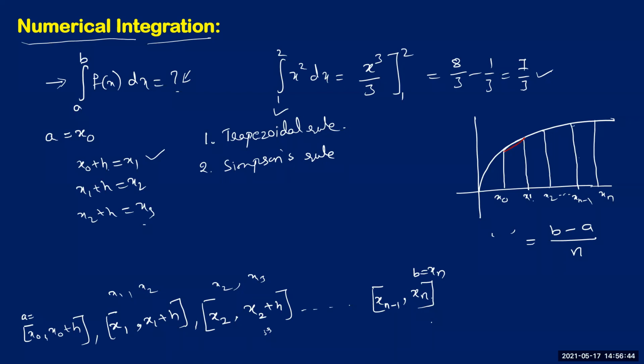In fact, this straight line, whatever they consider, sometimes it may move outside the curve also. That's how, of course, it leads to a trapezium. That's the basic idea. But the basic geometrical idea here is we are approximating the original graph by a straight line, which leads to what you call the trapezoidal rule.